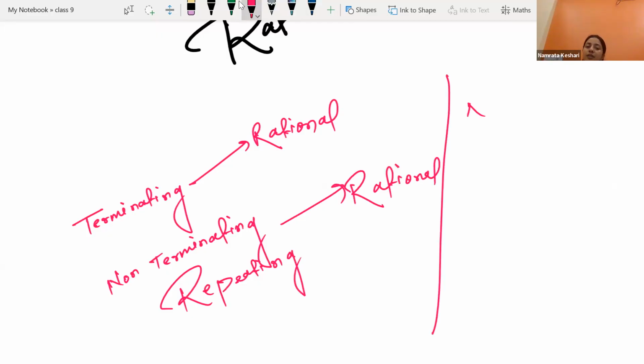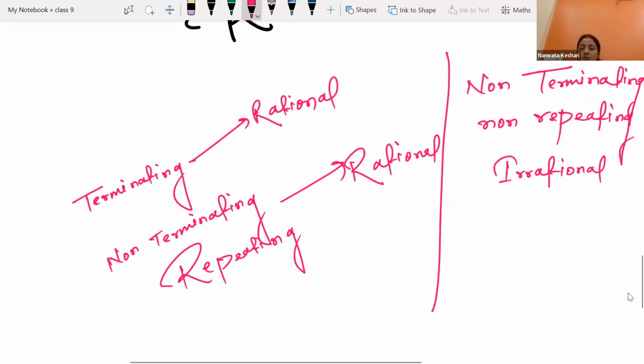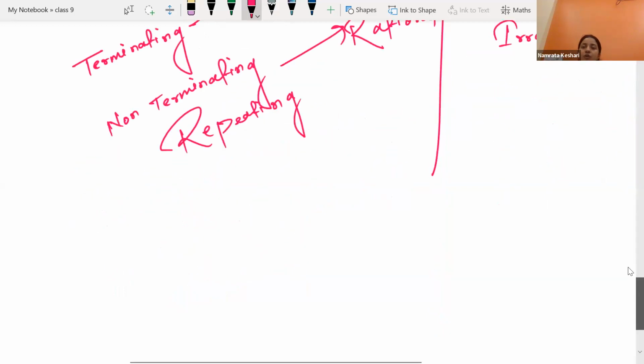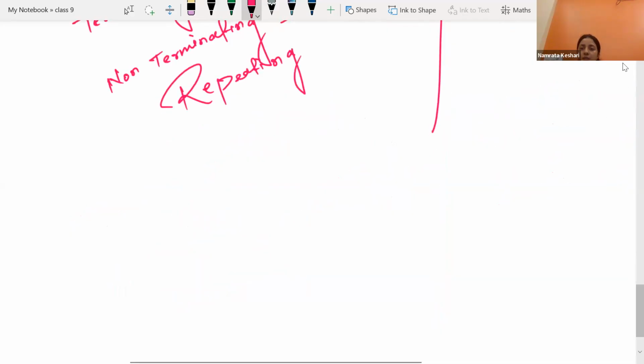When we have a non-terminating, non-repeating decimal, that falls in the category of irrational. Okay, so let's continue and answer a few true-false questions, then we will proceed with the next part.